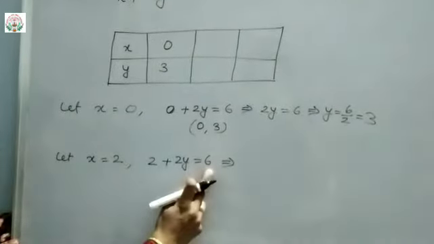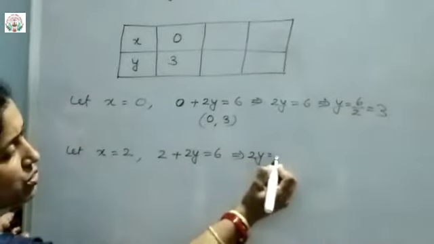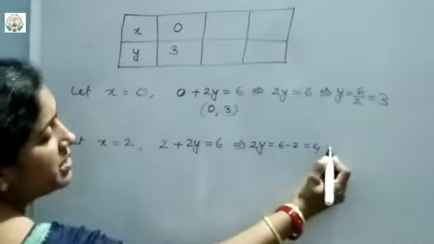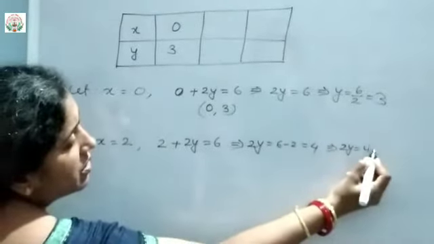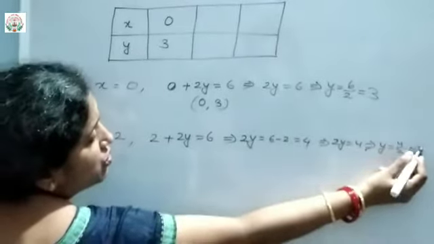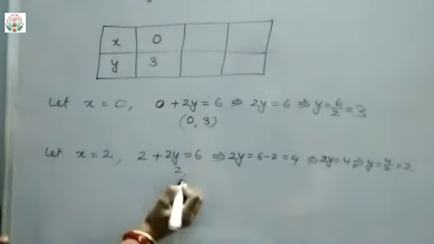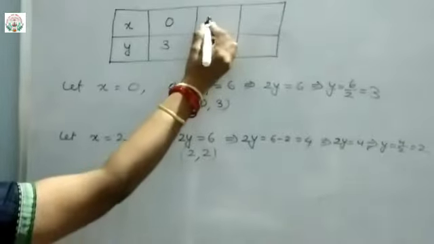Now take this to that side, that is transposing, what we will get? 2y equals to 6 minus 2, which is equals to 4, implies 2y equals to 4, implies y equals to 4 upon 2, which is equals to 2. That means when my x value is 2, my y value is also 2. So here I can write 2 and 2.